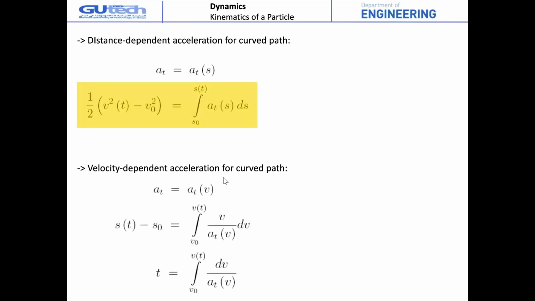We have the third case, which is the velocity-dependent acceleration for a curved path. That means instead of the position, now we have the velocity for the tangential component of the acceleration. Then we also use the previous expression from the slide before. Then we have St, which is time-dependent, minus the initial position.